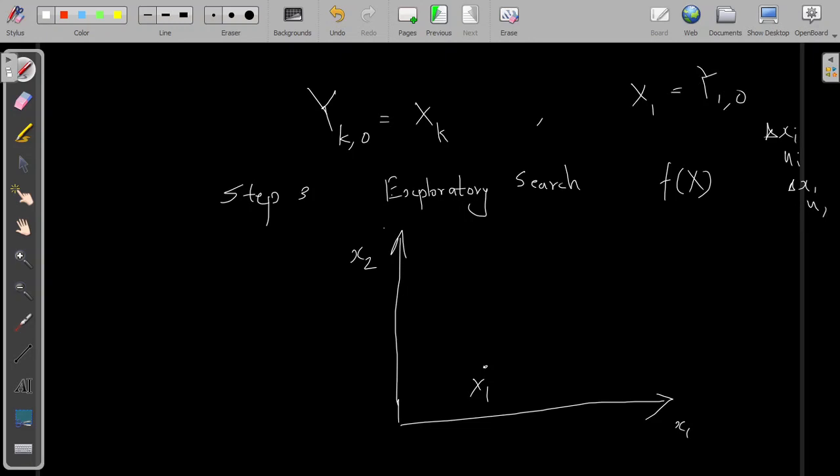So u1 direction means parallel to the x1 axis. In our univariate method, we search along the coordinate directions, x1 and x2 respectively. In the same manner here also, and this x1 is our y10. We have the same.